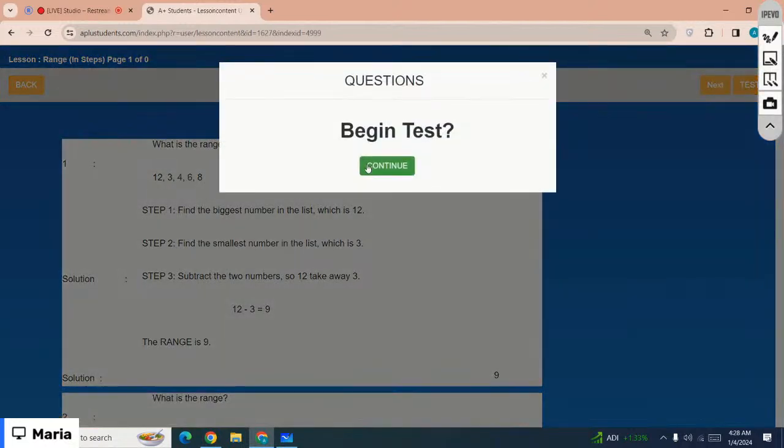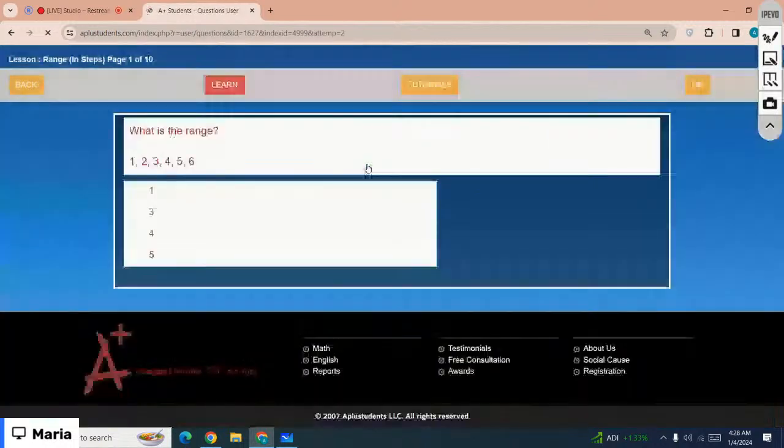Let's just start with the test questions. What is the range? Which is the correct option? Range is the difference between the greatest number and the smallest number in the given data, right? So which is the smallest number in the given data?